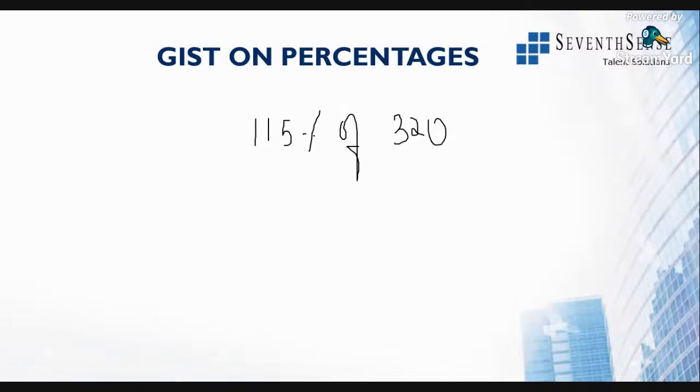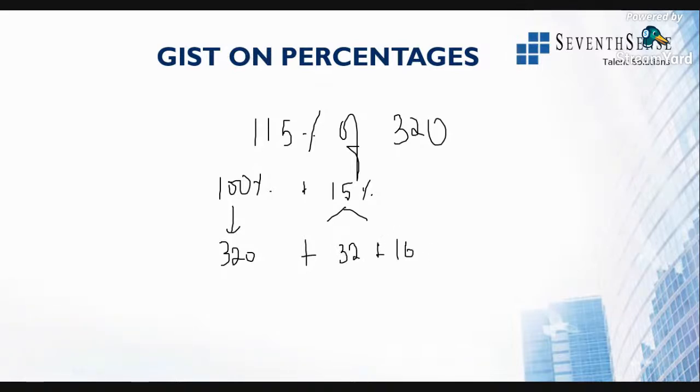Now 100% is nothing but this 320 itself. We need to find 15% extra. So 100% is 320. Can I write 15% as 10 and 5? So 10% is 32. 5% is 16. So this will become 320 plus 32 is 352. 352 plus 16 is 368.